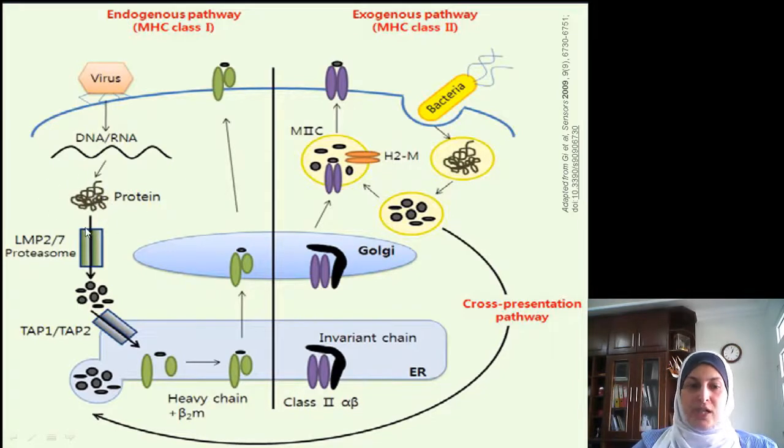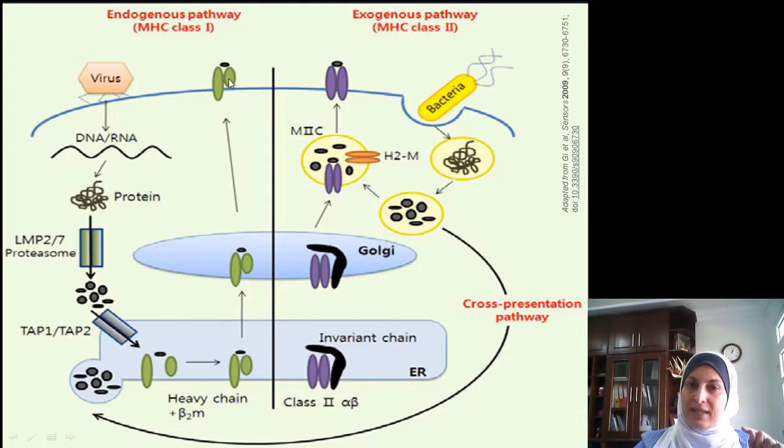This protein will be cut by a machinery known as a proteasome that manages to cut the protein into small pieces. These small pieces will now be attached to the MHC1 molecule and will be presented by MHC1.